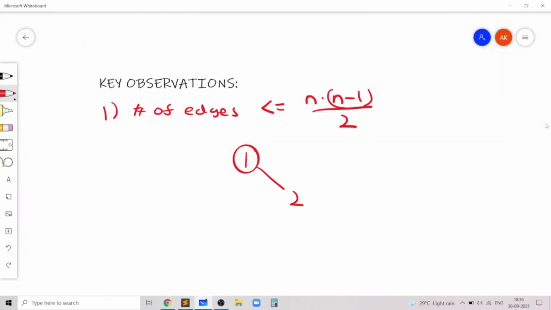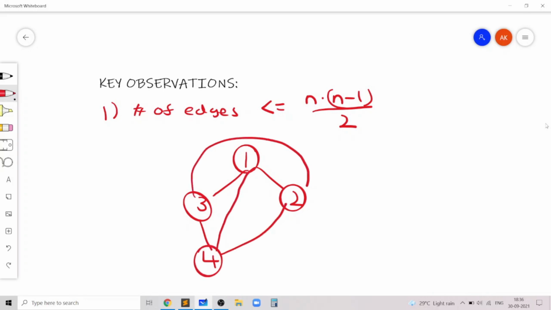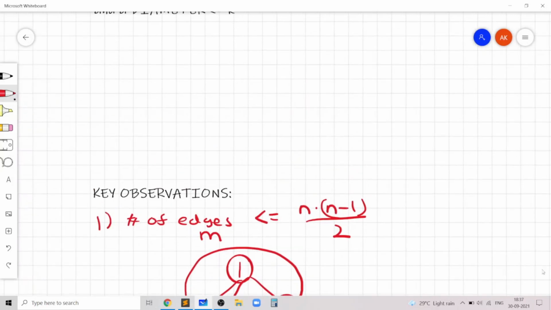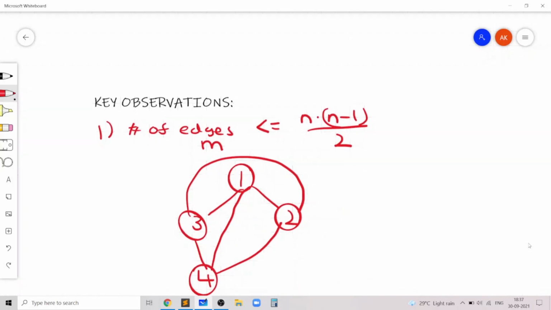Let's say that we have a graph with 4 nodes. Then notice that the maximum number of edges in the graph can be between every pair of nodes. And since there are 4 choose 2 pairs, or 4 into 3 by 2 pairs, this means that the number of edges, which is basically m, should be less than or equal to n into n minus 1 by 2. So that's the first condition which we need.